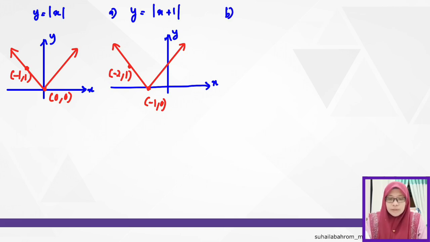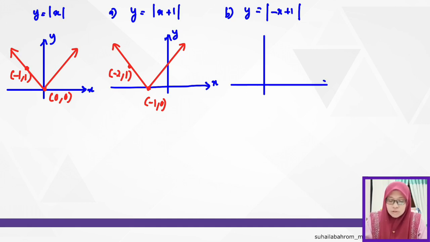And then for part B, our function y is equivalent to negative x plus 1, so it is a reflection on the y-axis. Therefore, your graph should be reflected to the other side. For this one, this is the y-axis, x-axis, and then our function.